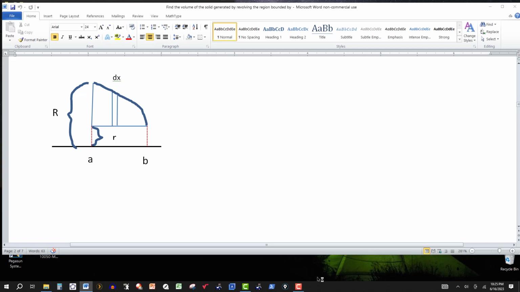There's your region there. Now if it turns out that this region coincides with the x-axis, then the lowercase r here is going to be 0. And dx, of course, is the thickness of the cylinder.